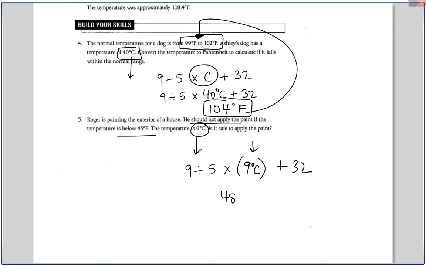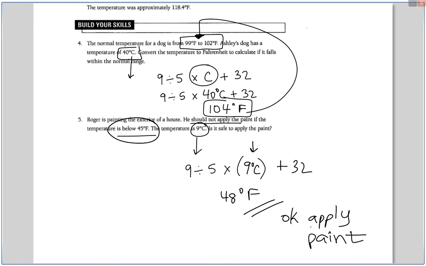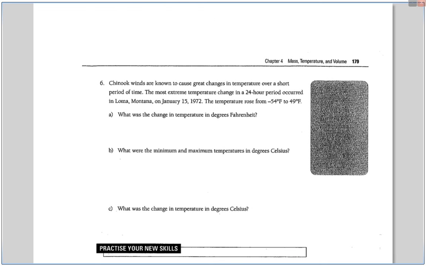I got 48 degrees Fahrenheit. So that's above 45, so it is okay to apply the paints. So two formulas, if you can remember these two formulas, and well, you got my formula sheet, this section's basically done. It's likely the easiest section in the book.